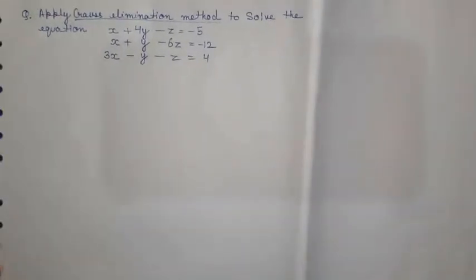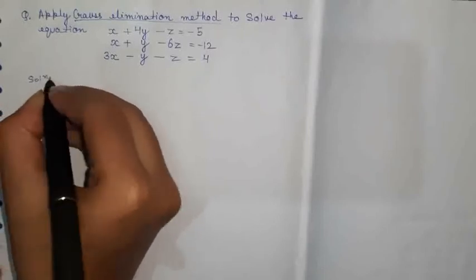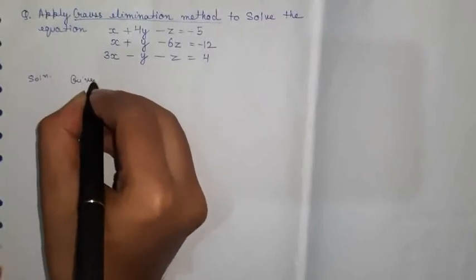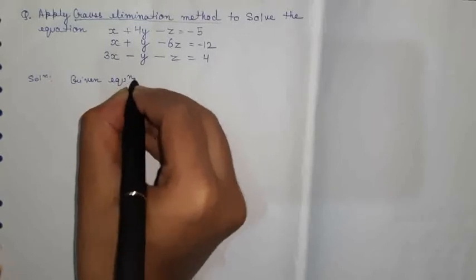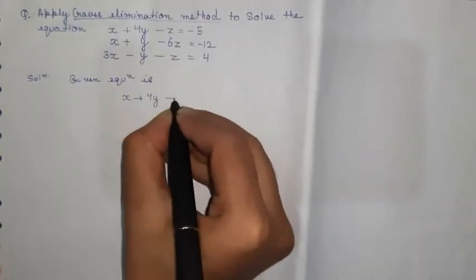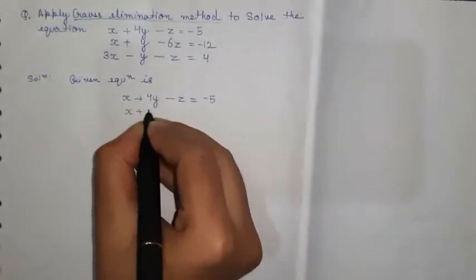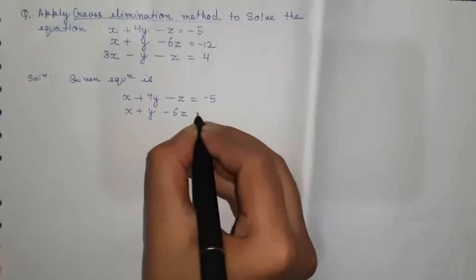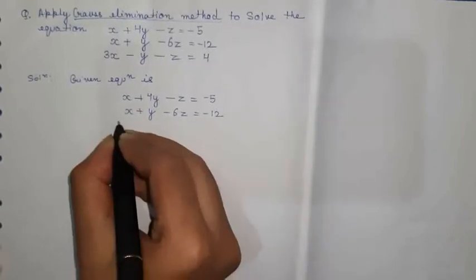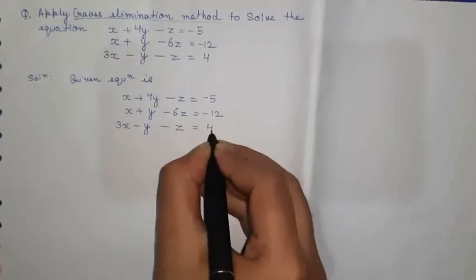First we write the given equations: x plus 4y minus z equal to minus 5, x plus y minus 6z equal to minus 12, and 3x minus y minus z equal to 4.